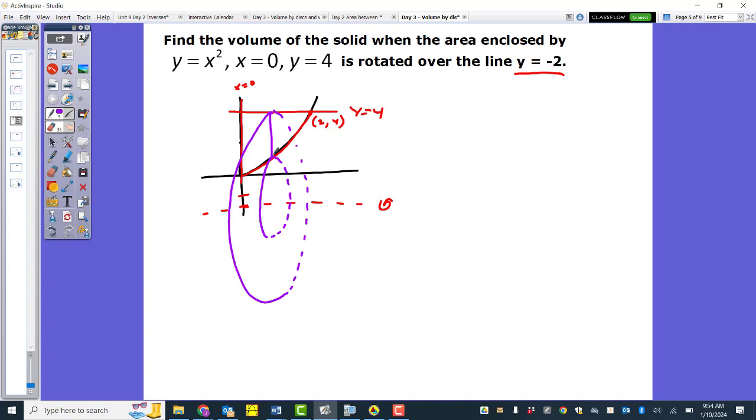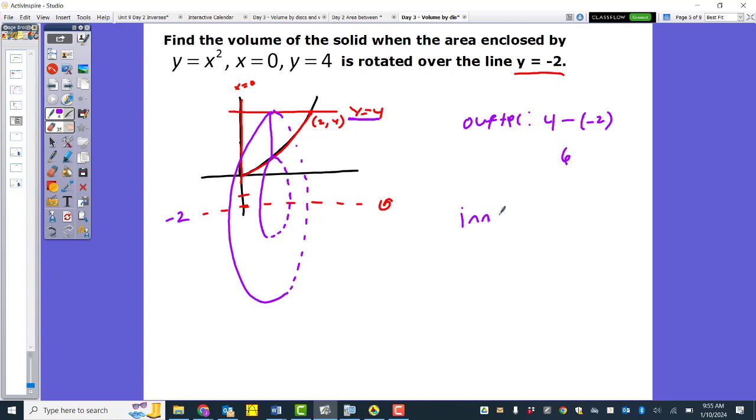So when we go and set up the outer radius, it's going to be this line right here, the y equals 4. So it's going to be 4 minus the axis that we're revolving around. Well, the axis we're revolving around is -2. So 4 minus -2, or 6.